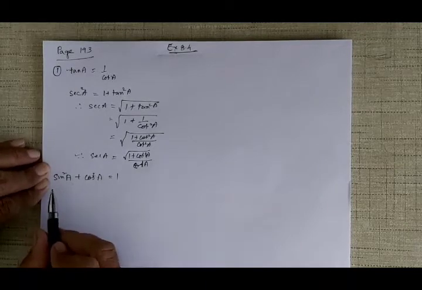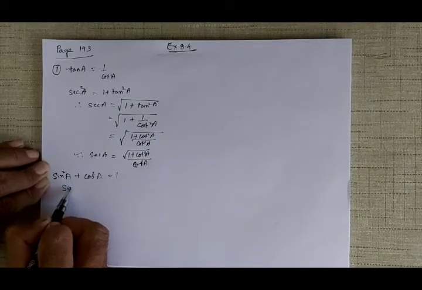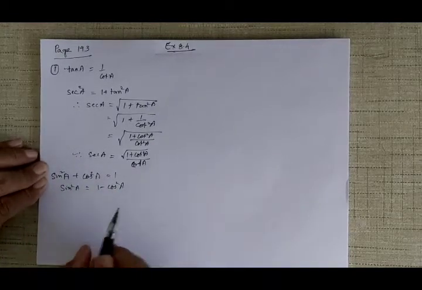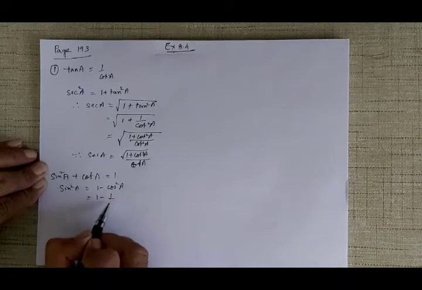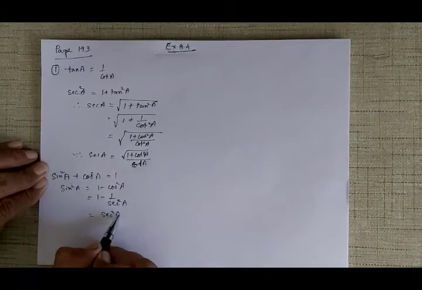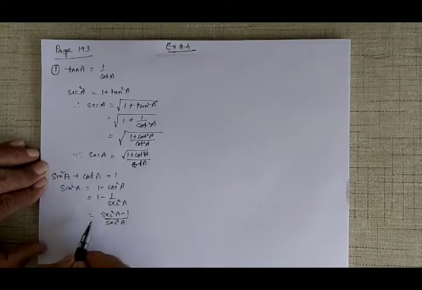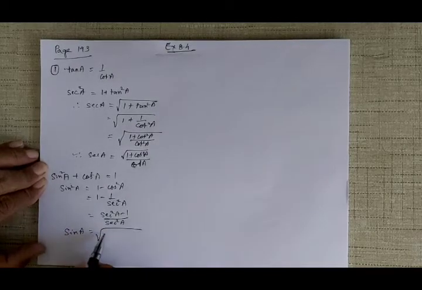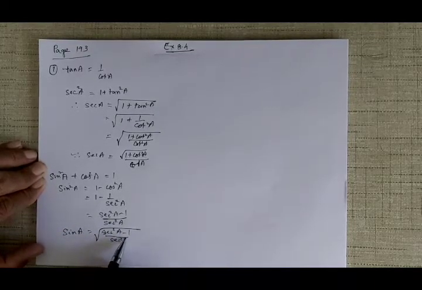Okay, we can take any one, so therefore you can say that sin square A is equal to 1 minus cos square A. Okay, now cos is reciprocal of sec, so 1 upon sec square A. Now take LCM, sec square A minus 1 upon sec square A. Okay, this is sin square A, therefore sin A will be equal to square root of sec square A minus 1 upon sec square A.